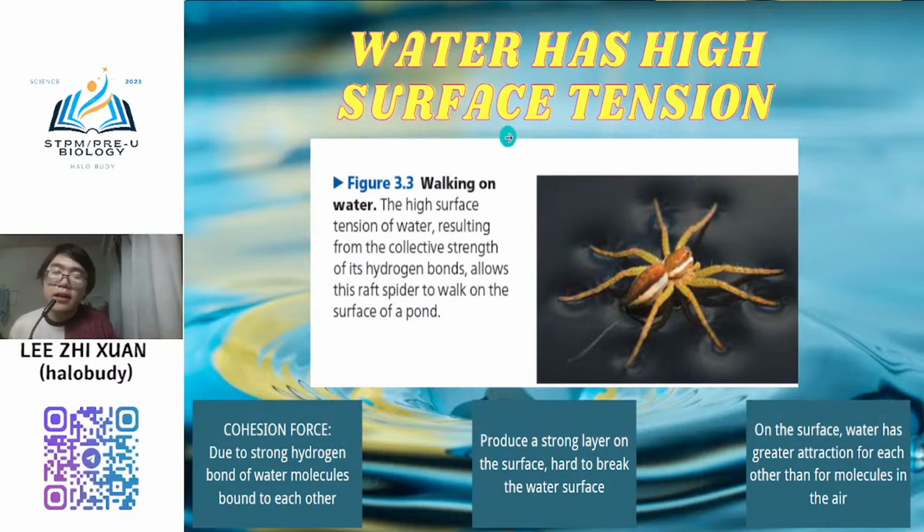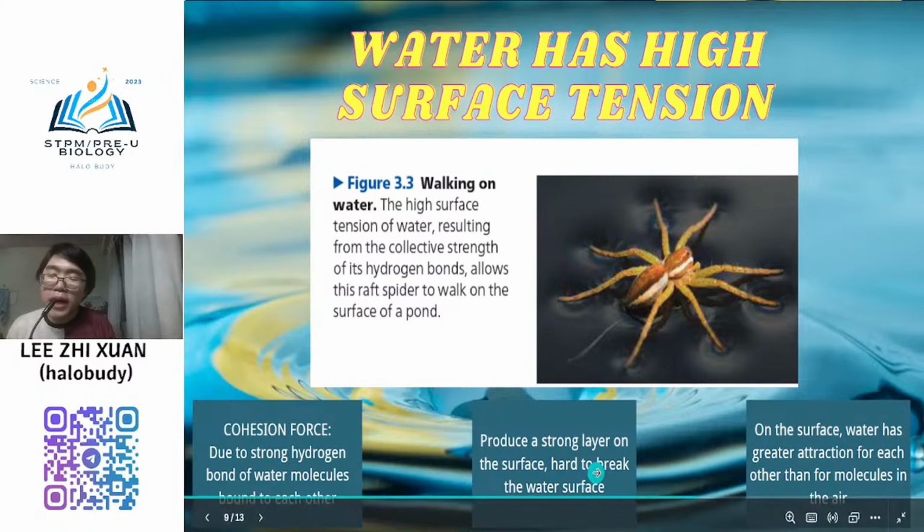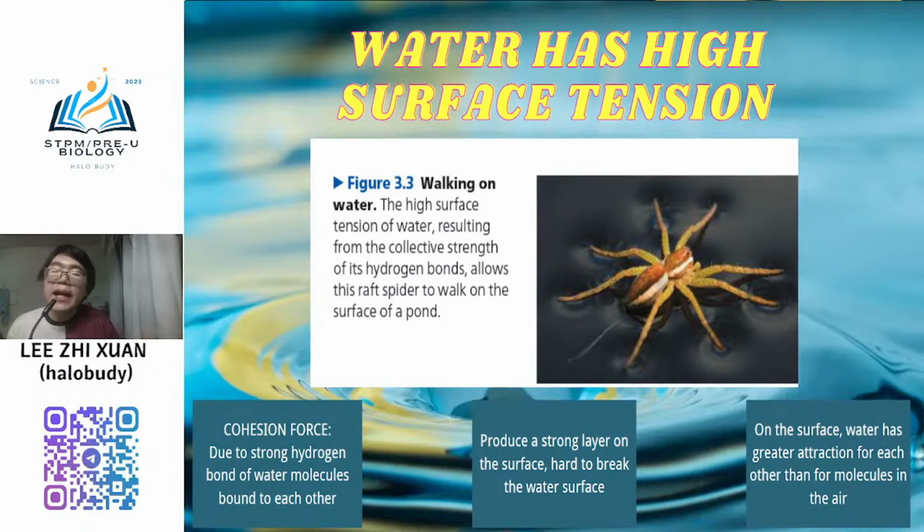Due to this lah, surface tension, because it makes the water very hard to break. So for the insect, the water feels like a lantai lah, macam lantai kami. So that is why they can walk on the water.